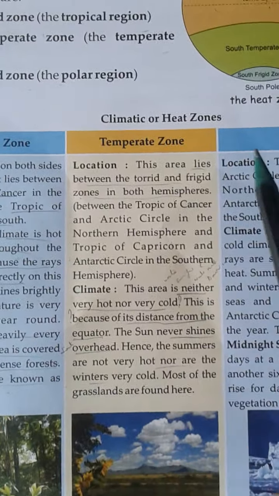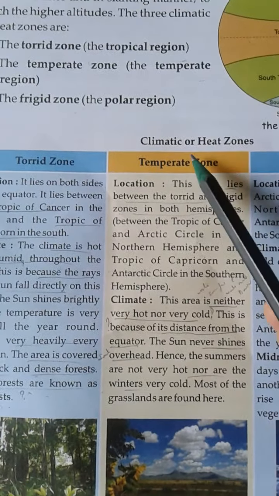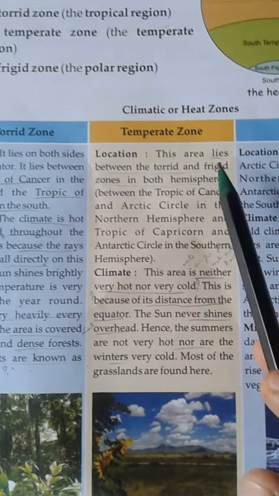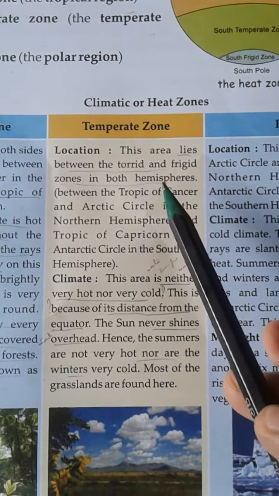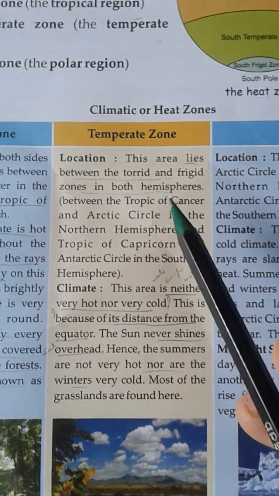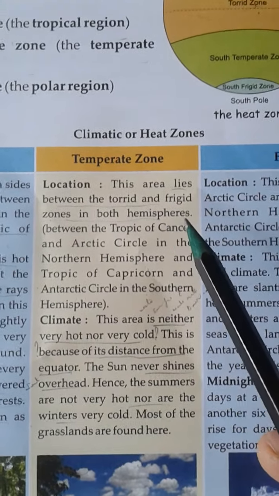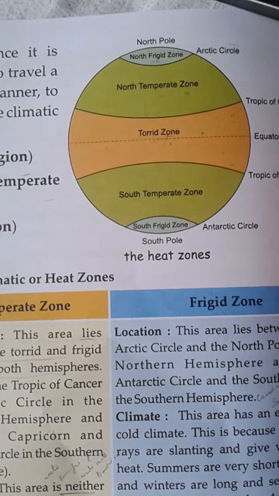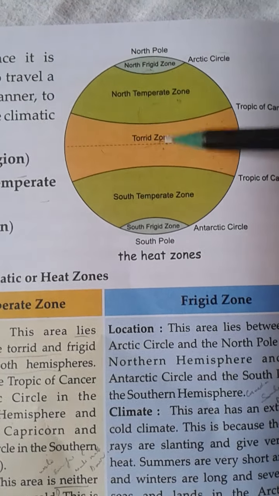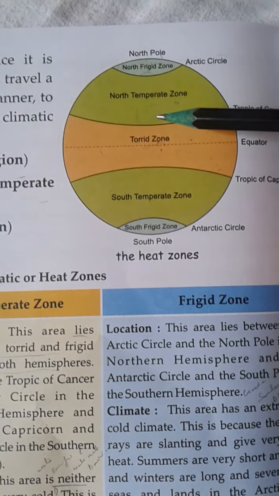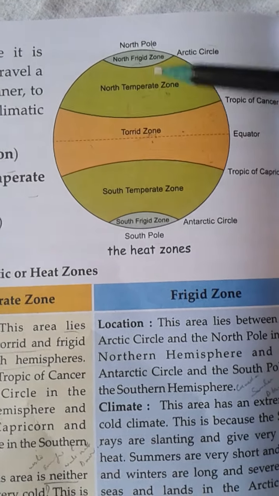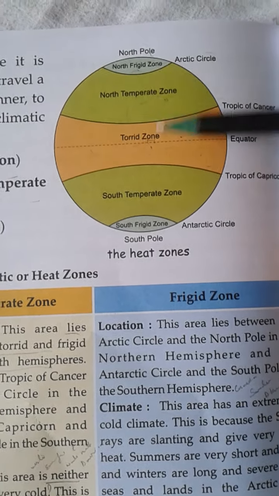Now we go to the second point, that is the temperate zone. Where does the temperate zone lie? It is between the Torrid zone and the frigid zone.